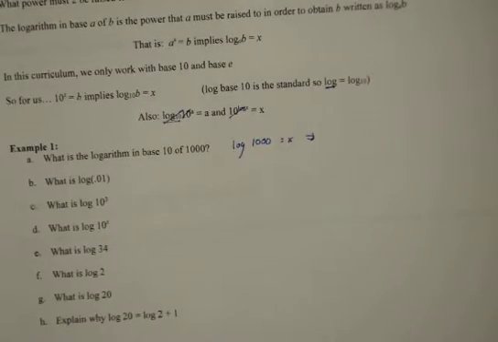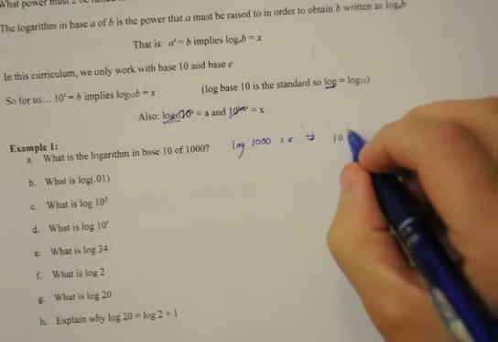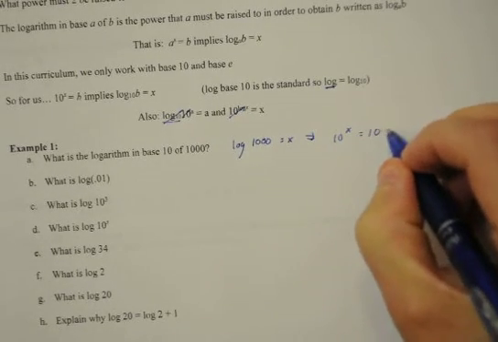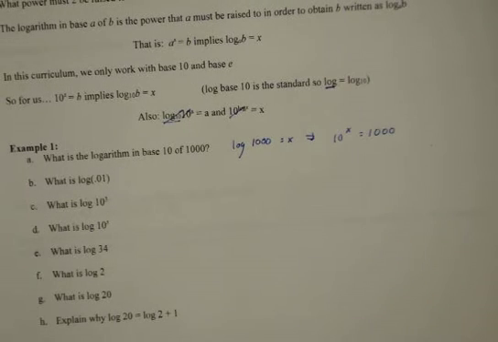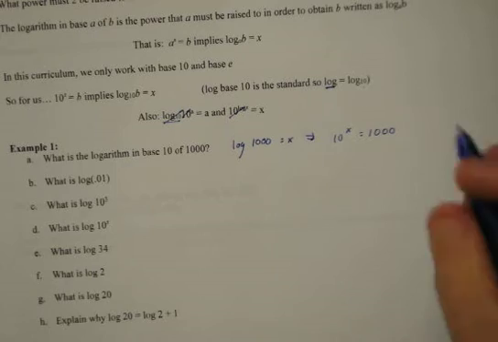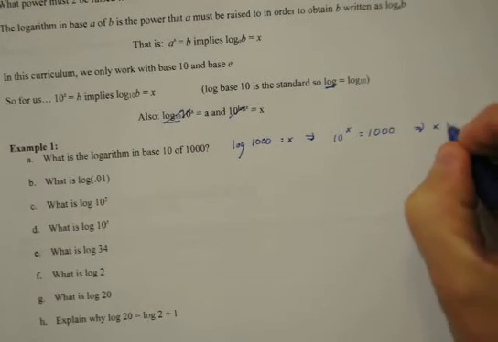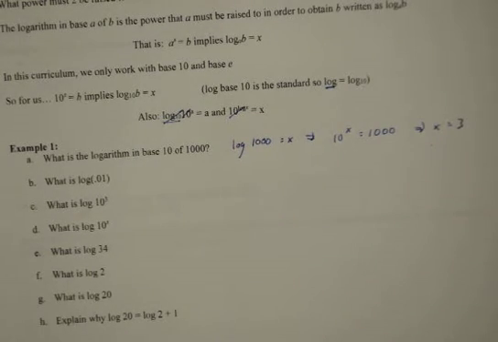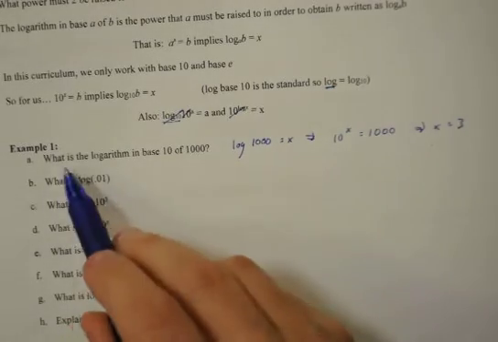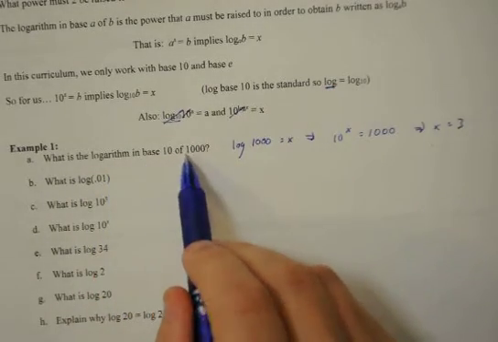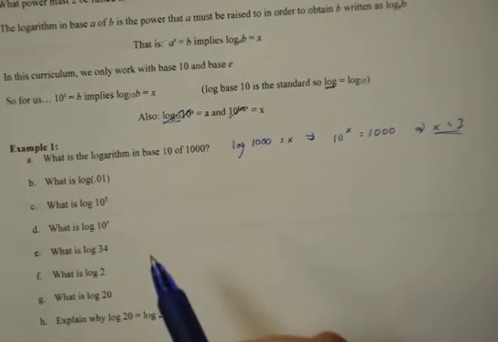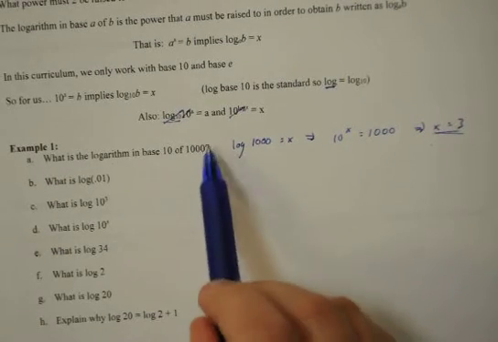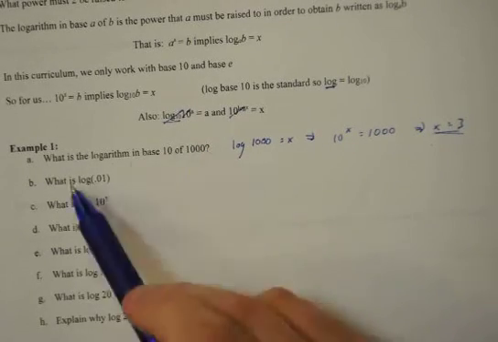Another way of saying that is 10 to the x power equals 1,000. I think you'd understand why x is equal to 3 here, because 10 cubed is 1,000. So the answer is 3, because 10 to the third is equal to 1,000.